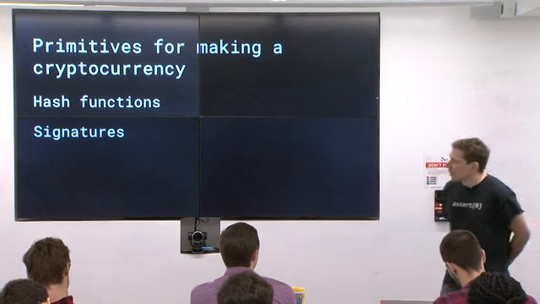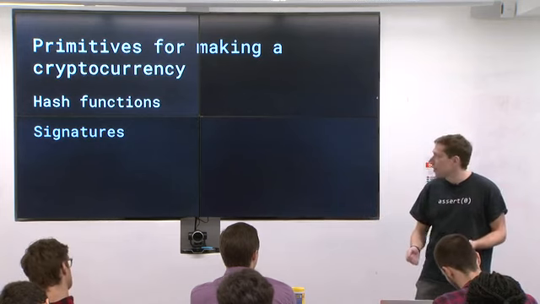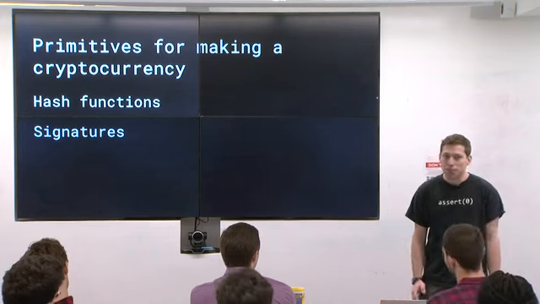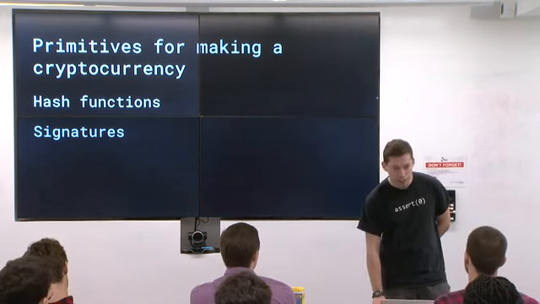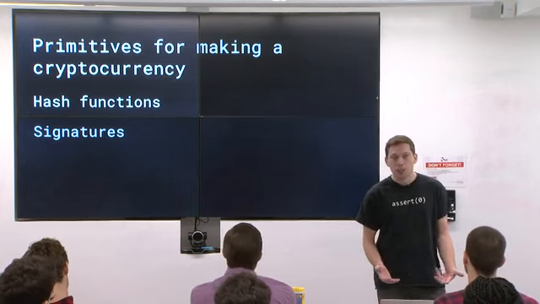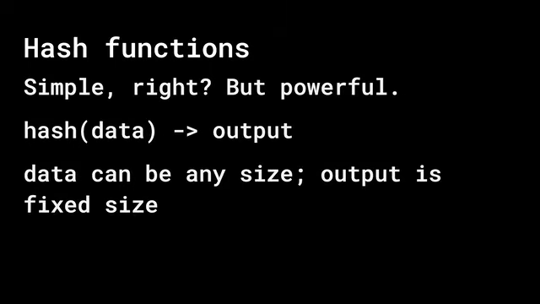Signatures, obviously, we talked about a little bit, what you need to be able to sign messages in order to send these tokens around. But first I'll talk about hash functions, which are basically the most fundamental thing we use in these systems. And I think if you've used computers or if you've programmed a little, you probably have some familiarity with hash functions. They're simple, right? But they're actually extremely powerful.